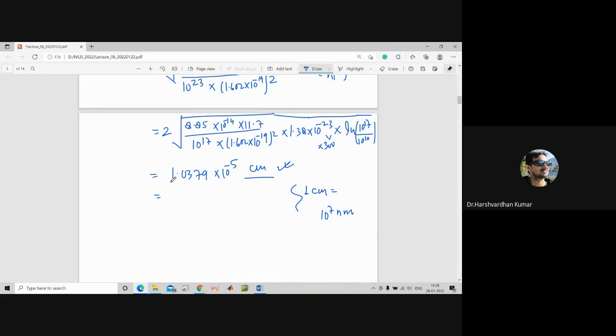So it means that our result is almost 103.79 nanometer. This is the width of the depletion layer.